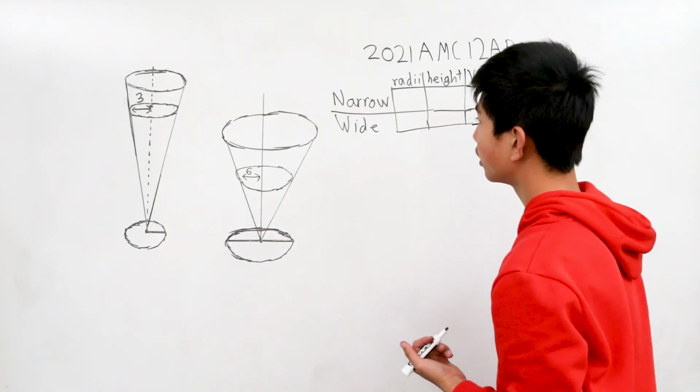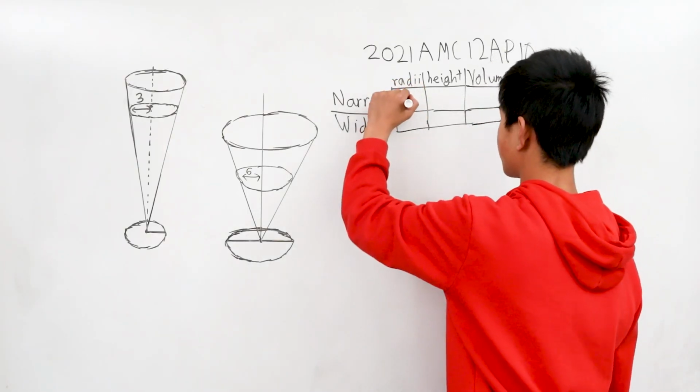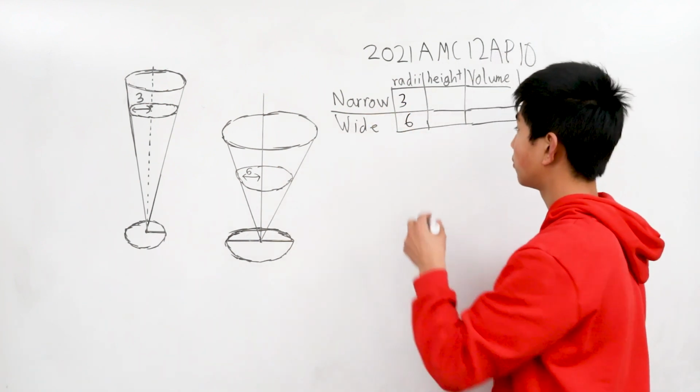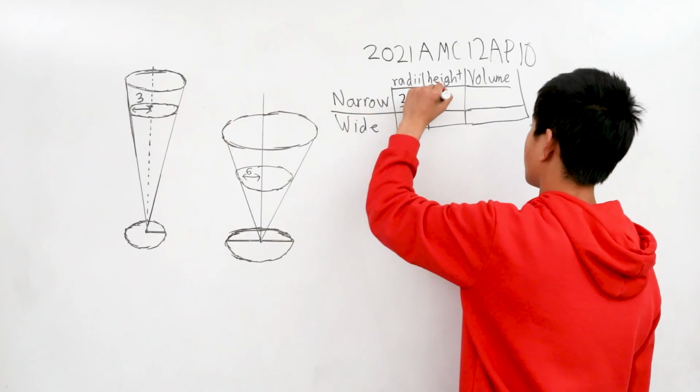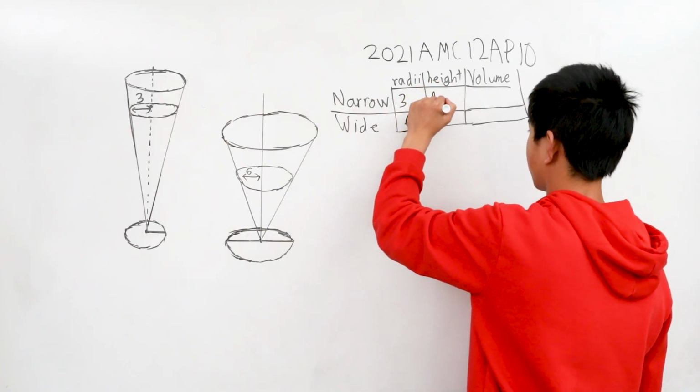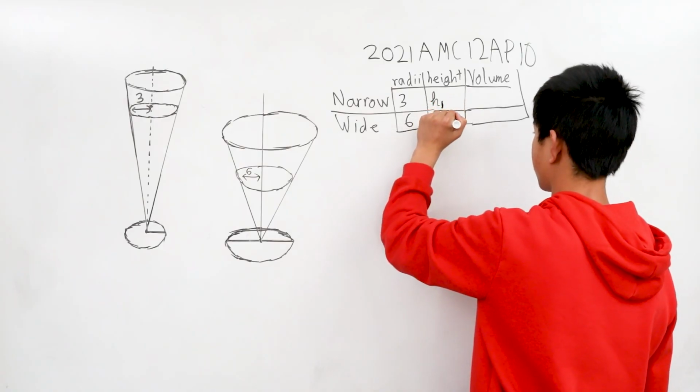Now the radius for the narrow is 3 centimeters and for the wide is 6 centimeters. The height for the narrow one, let's just call h1, and respectively, the height for the wide is h2.